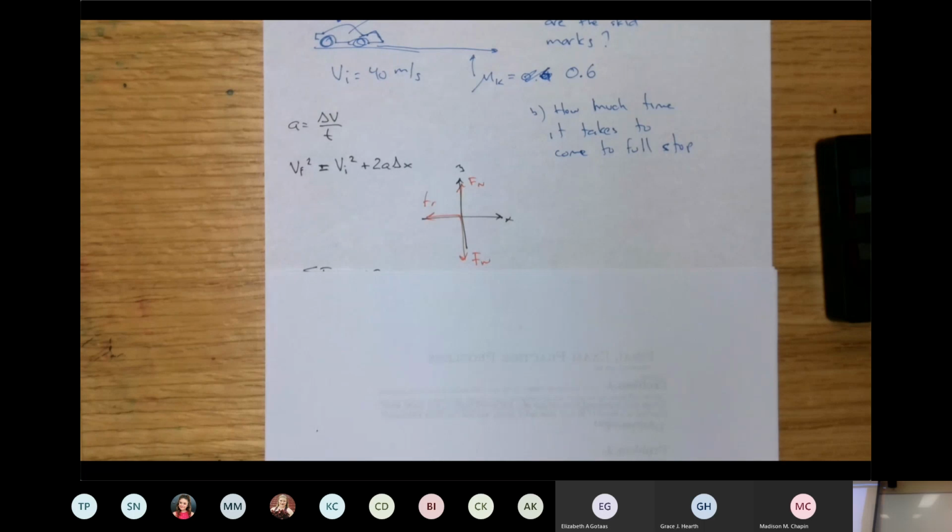So this will be 0, 40, and you can solve for the time. This is your time, this is your distance.